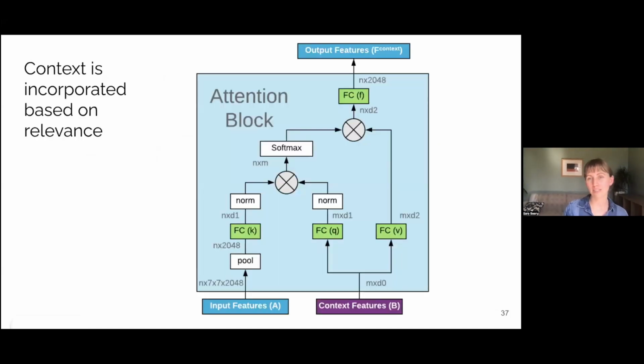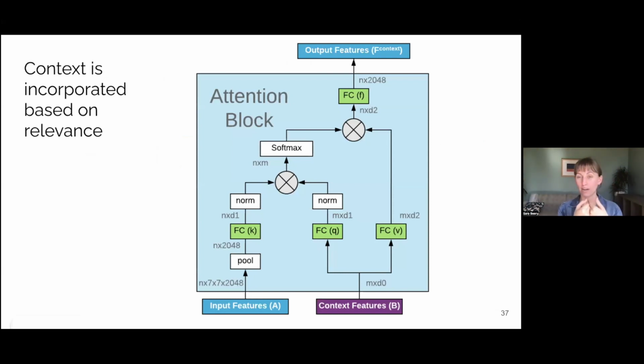So the way that works is a pretty straightforward attention block. This is something that's pretty commonly used in a transformer, where you're essentially saying, for the features in a given input object, and for all of these contextual features, we project them into some shared space with a learned, parameterized set of projections where they can be visually compared.